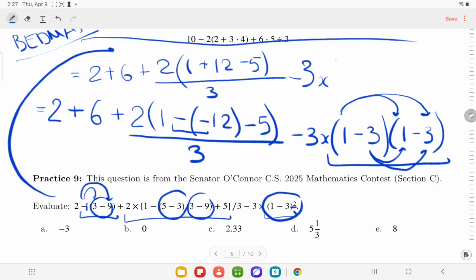So we have 1 times 1 gives us 1, and then we have 1 times negative 3 gives us negative 3, and then we have negative 3 times 1 gives us negative 3, and we have negative 3 times negative 3 gives us a positive 9.